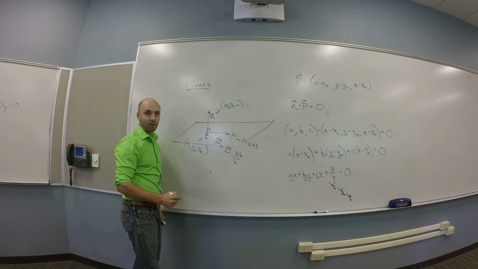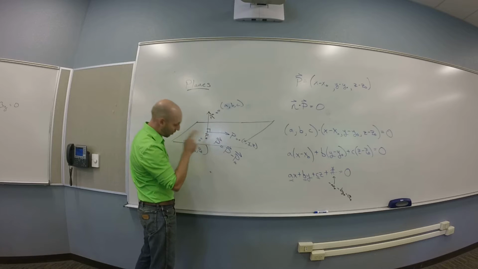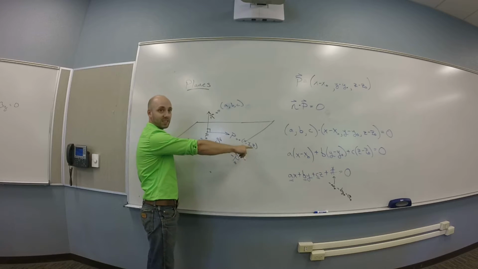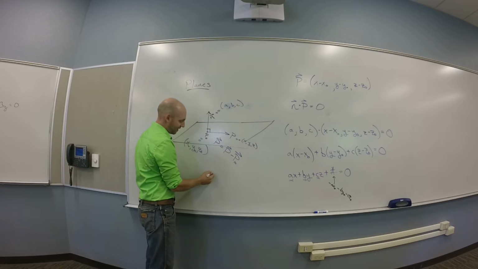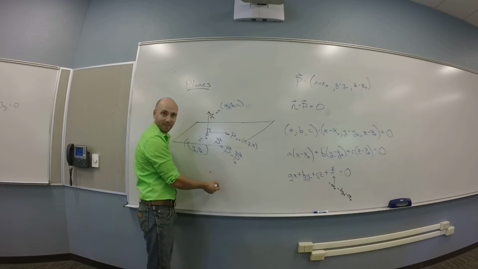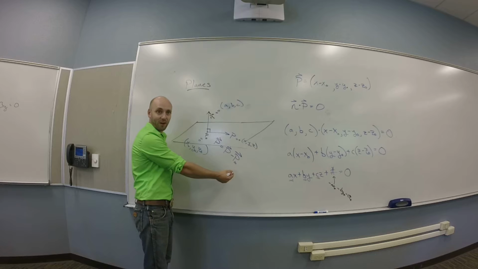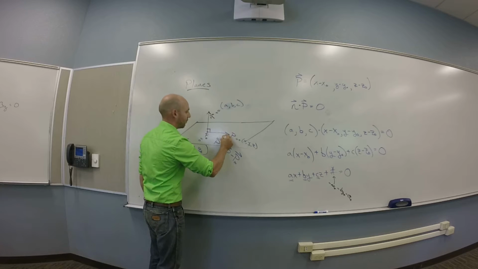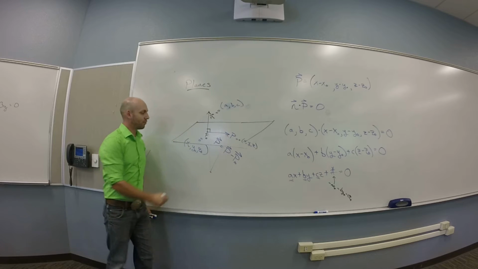If the origin's down here, then the vector P naught, x, y, z, would be based at 0, 0. And if the origin was at P naught, then it would be the 0 vector.